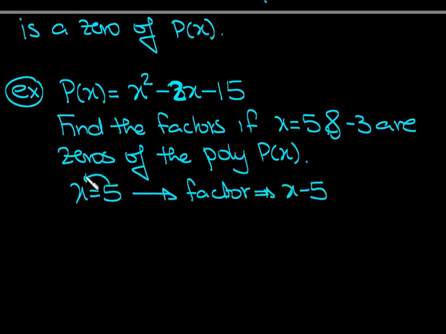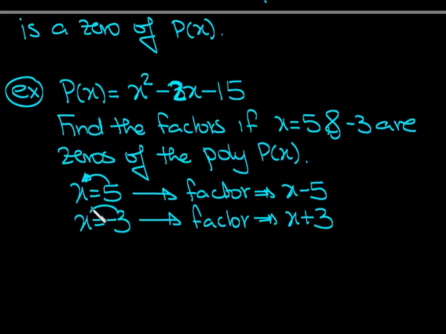You just move the 5 over. If x is equal to -3 is a 0, then the factor must be x plus 3. You move the -3 to the other side. And that's what that theorem tells you. That means factors of this polynomial are x minus 5 and x plus 3.